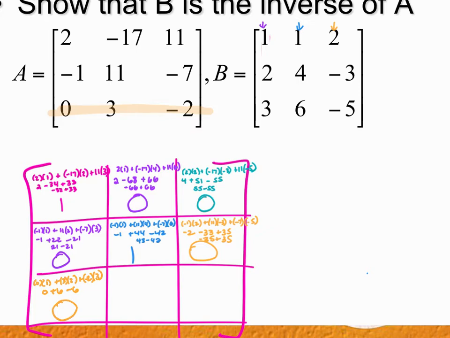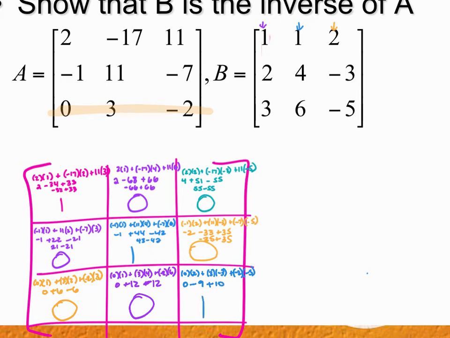Row 3, column 2: 0 times 1, 3 times 4, -2 times 6, 0 plus 12 minus 12, 0. And the last one, 0 times 2 plus 3 times -3 plus -2 times -5, 0, minus 9 plus 10, positive 1.